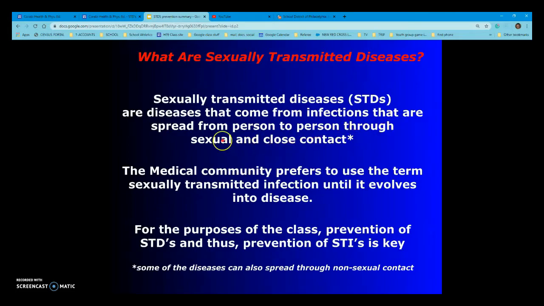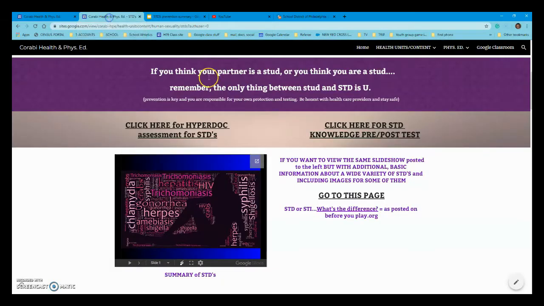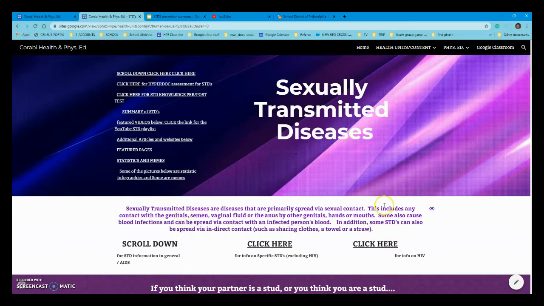Sexually transmitted diseases are diseases that come from infections that are spread from person to person through sexual and close contact. The vast majority of them are spread through contact with the genitals, semen, vaginal fluid, or the anus by other genitals, hands, or mouths.